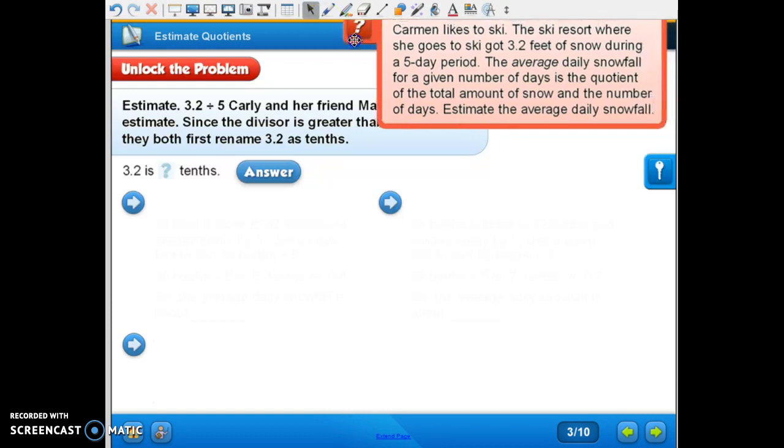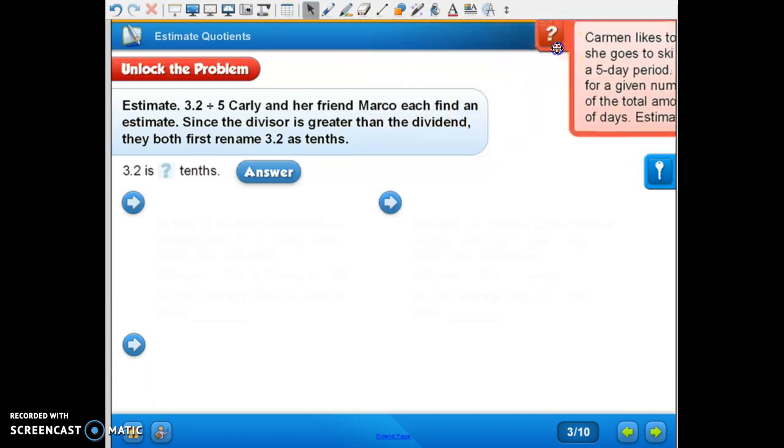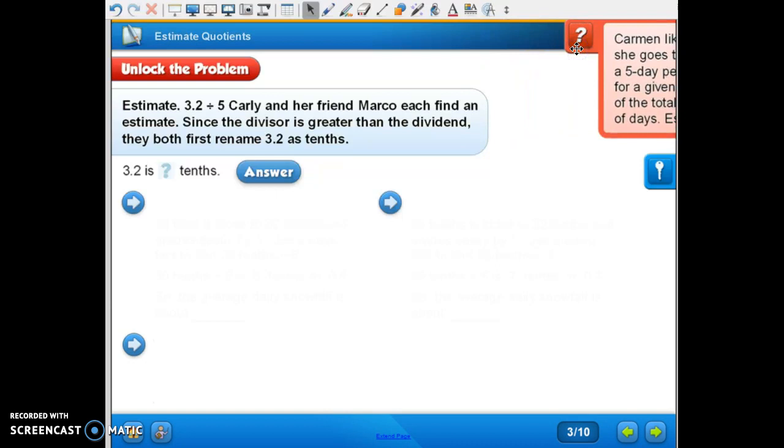Estimate. So the quotient, meaning the answer to our division problem, of the total amount of snow and the number of days, estimates the average daily snowfall. So we're going to take our total amount of snow and divide it by our number of days. So 3 2/10 divided by 5.